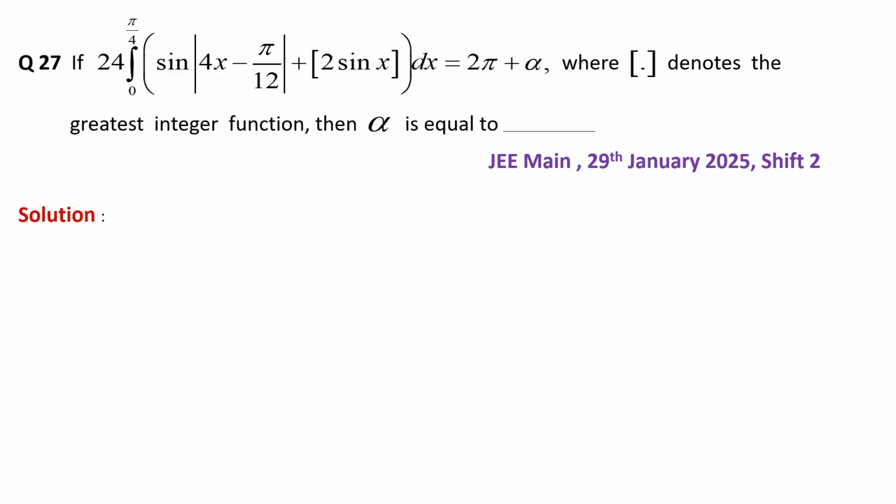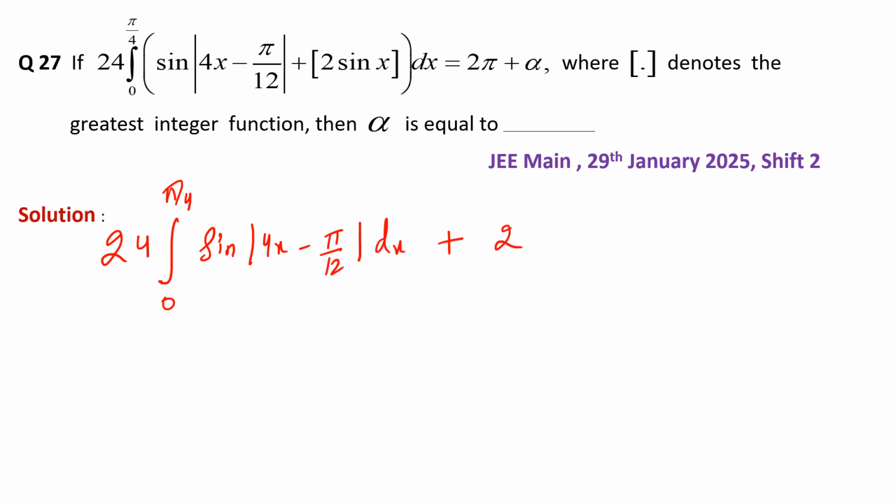Now students, basically in this integral, we have to find its value and then by comparison, we have to get the value of alpha. First of all, I will break this integral into two parts as 24 times the integral from 0 to pi by 4 of sine of mod of (4x minus pi upon 12) dx, plus 24 times the integral from 0 to pi by 4 of GIF of 2 sine x dx.